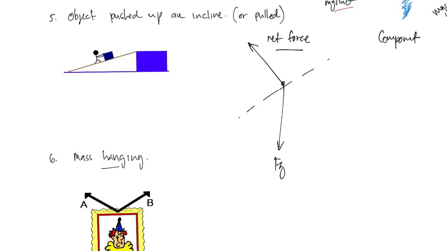I've got Fn perpendicular to the surface. I've then got a situation where this object is being pushed up, so I know I've got an applied force going up the hill, but at the exact same time, I've got a natural force that's being brought down by gravity. And because I'm pushing it up, my frictional force now is down the hill.